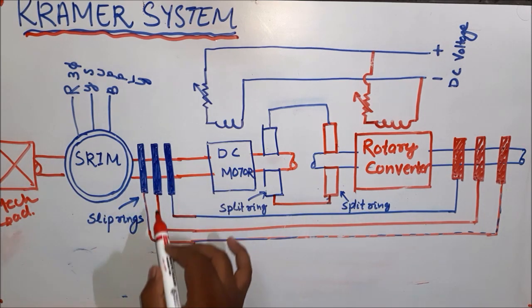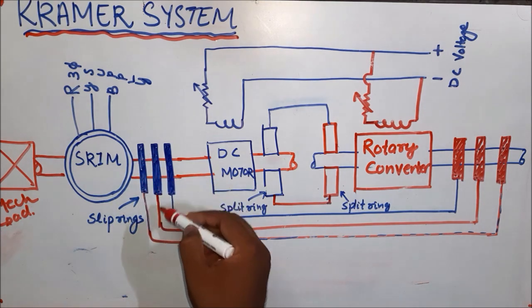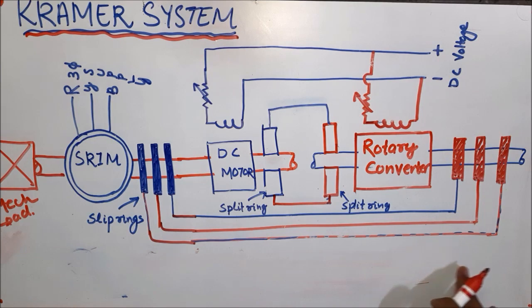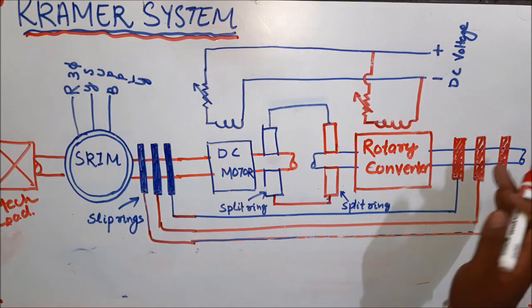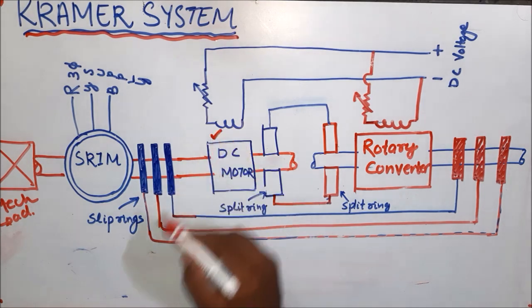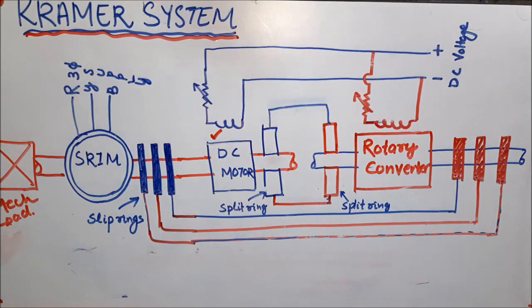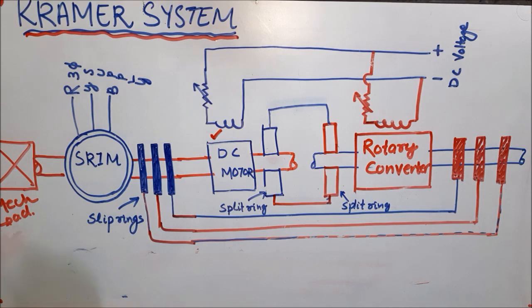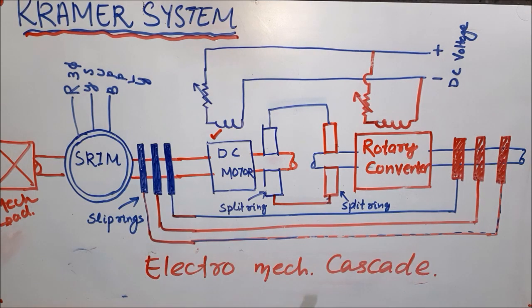Here we can see the power coming from the slip ring is slip power, and that slip power is again fed into the rotor system, and from this power a mechanical power is produced in the DC motor. That means slip power is returned as mechanical power. So this Kramer system can also be called an electromechanical cascade.